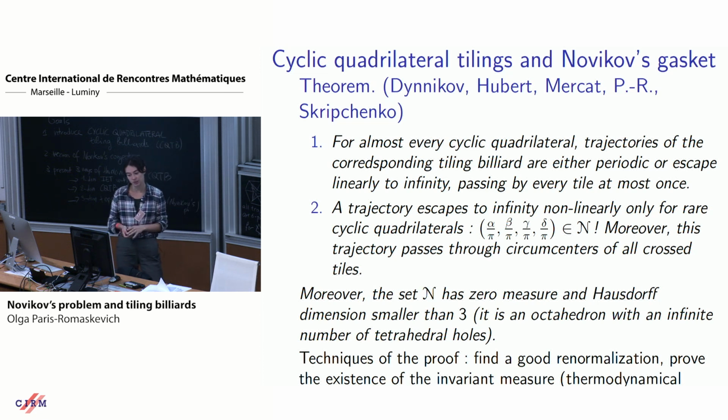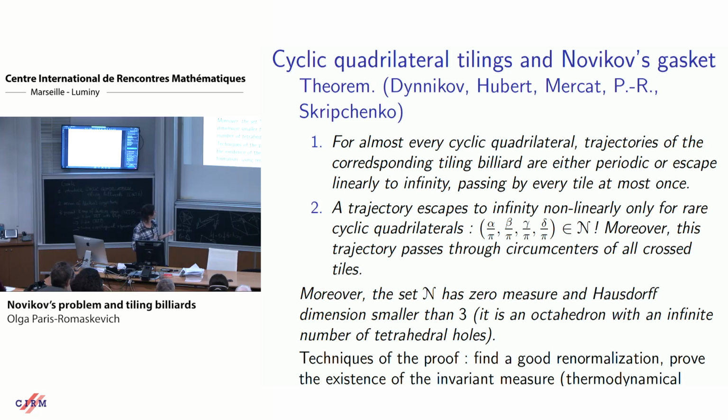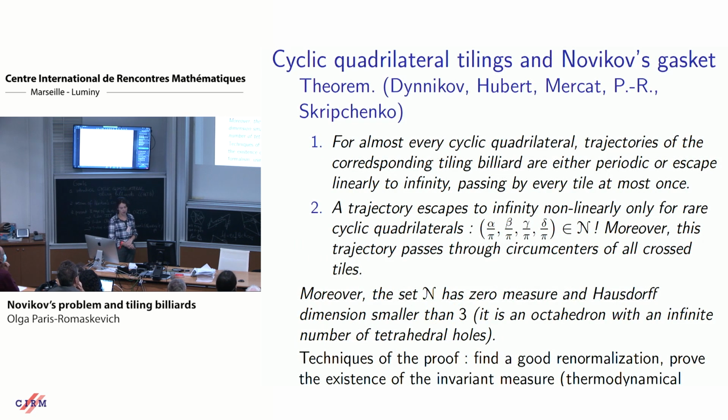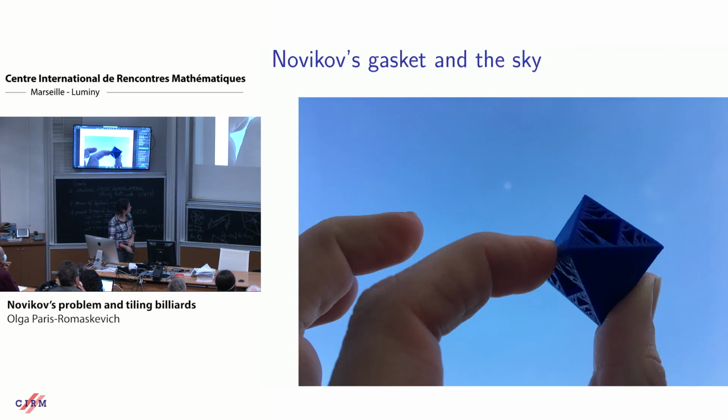I won't tell how it's defined, but I think it's a rather elementary formulation of a statement about the dynamics of cyclic quadrilateral tilings. So I hope it's understandable without an explicit definition of this new gasket. And we call this gasket Novikov's gasket. Let me show you how it looks. The picture is not very good, but you see an octahedron, and there are many holes in this octahedron, many tetrahedral holes.